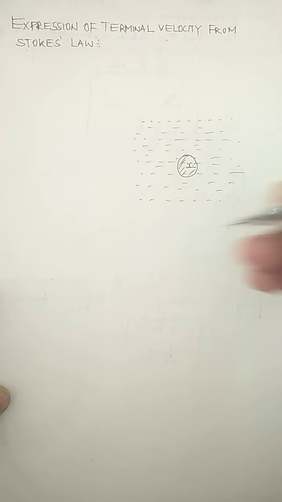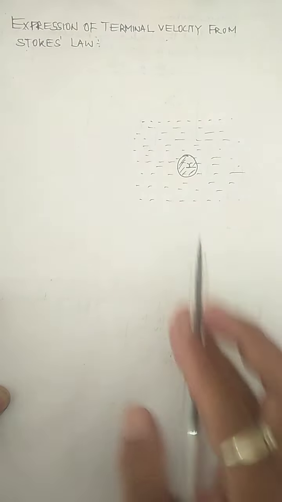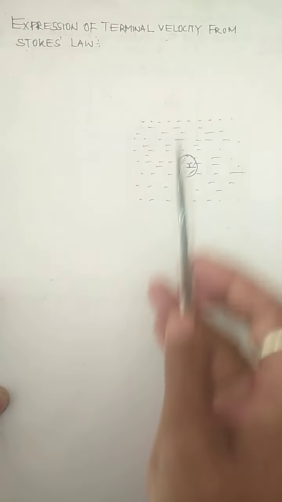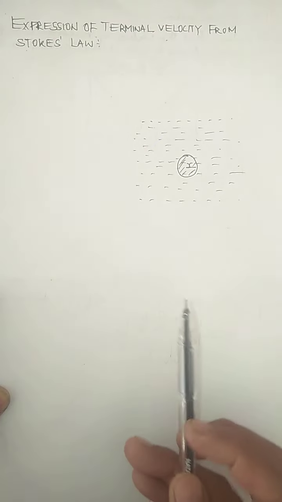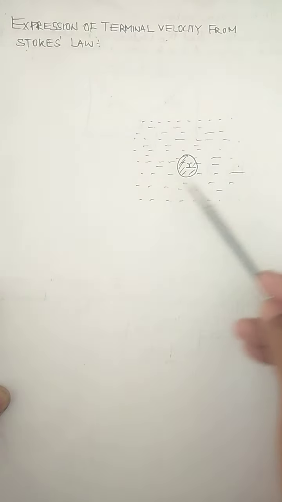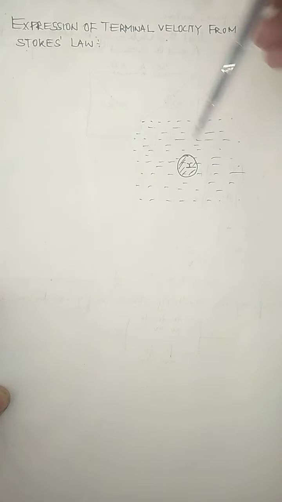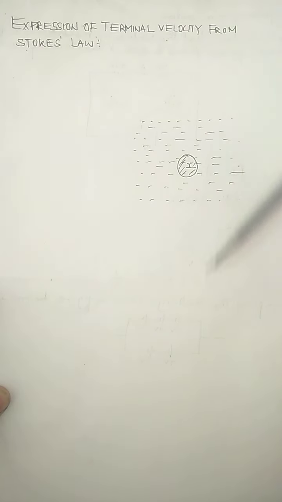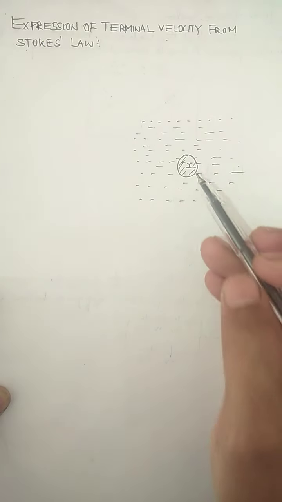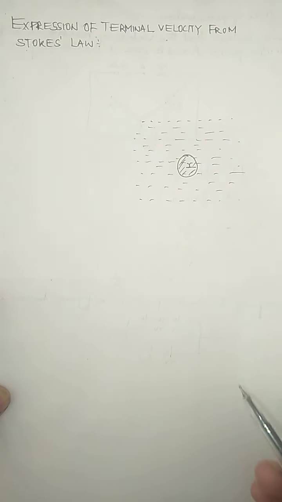But this weight is exactly balanced by the upthrust exerted by the liquid and the viscous force in the upward direction. So the net force acting on the ball will be 0. Under this case, the spherical ball falls with a constant velocity, and that constant velocity is also called terminal velocity.